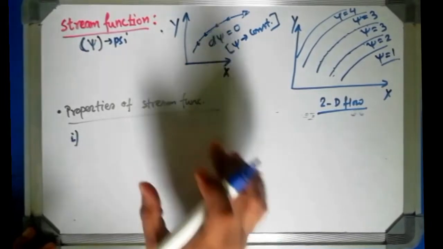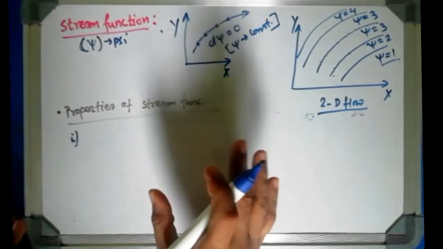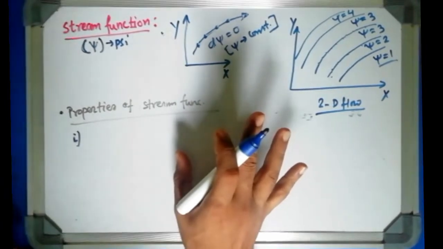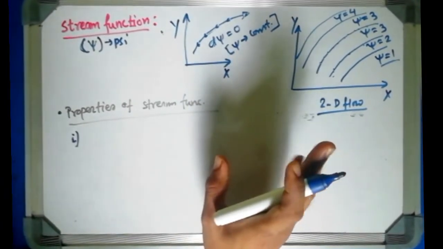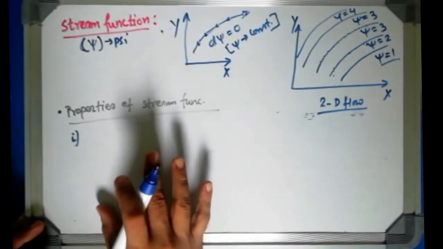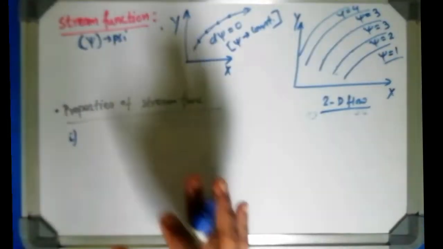That if stream function exists, that means if psi exists, then obviously it is a possible case of a fluid flow. It may happen it is a rotational or irrotational flow. What is rotational, what is irrotational, I am coming to afterwards.